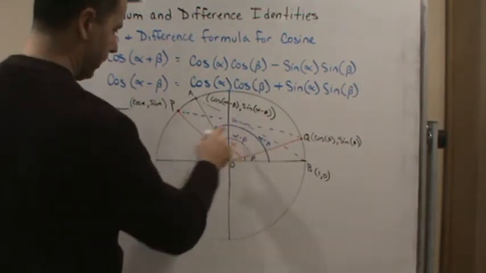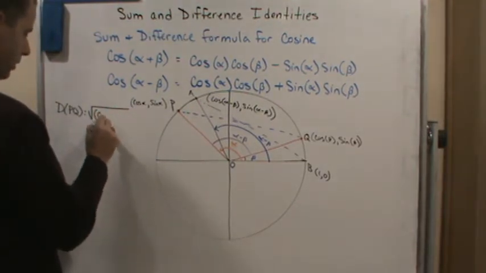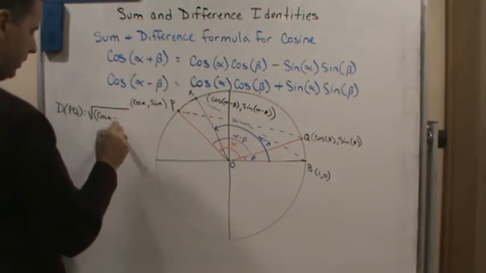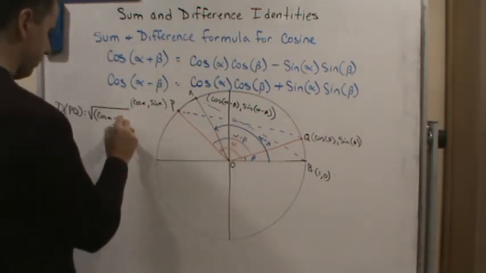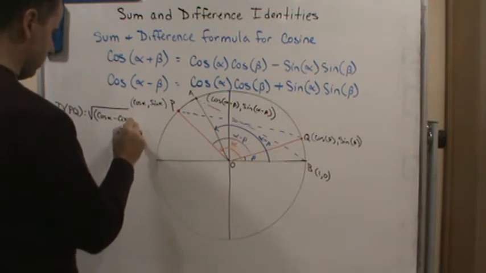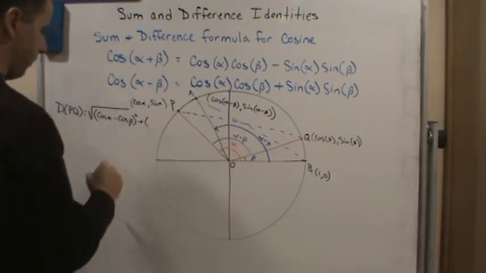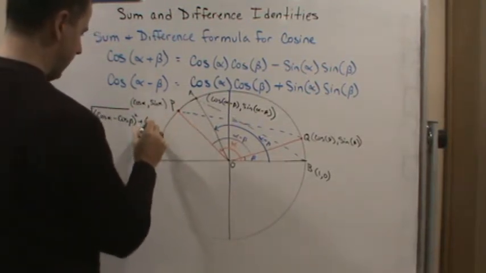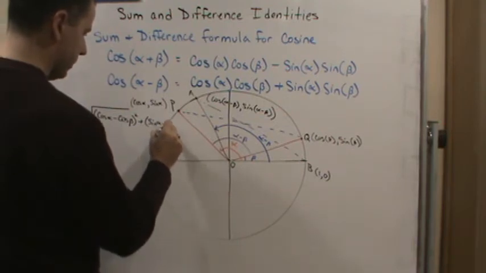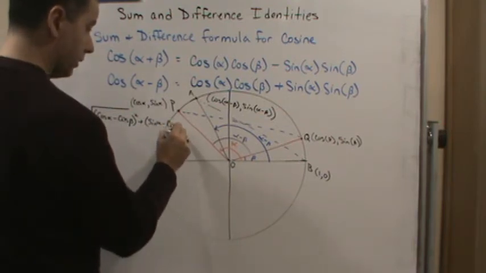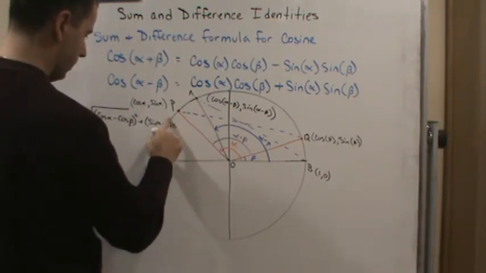So PQ is going to be cosine alpha minus cosine beta, squared, plus sine alpha minus, hold on, sine, sorry.